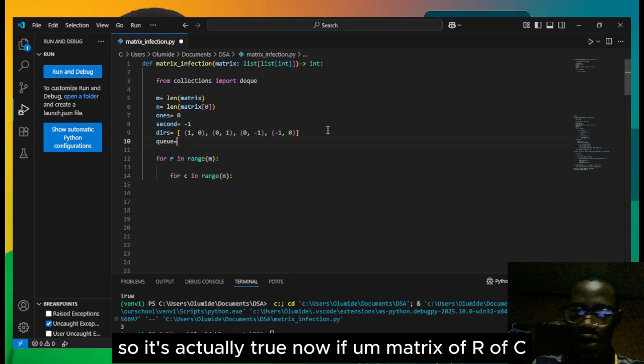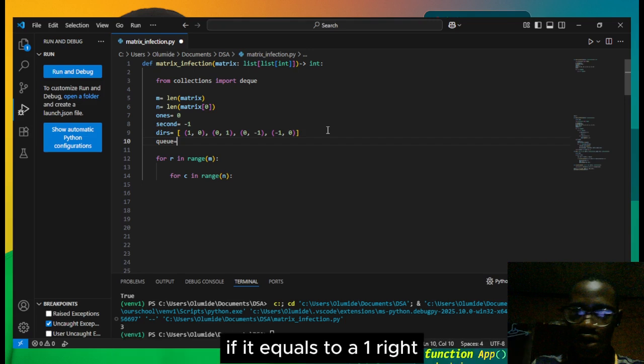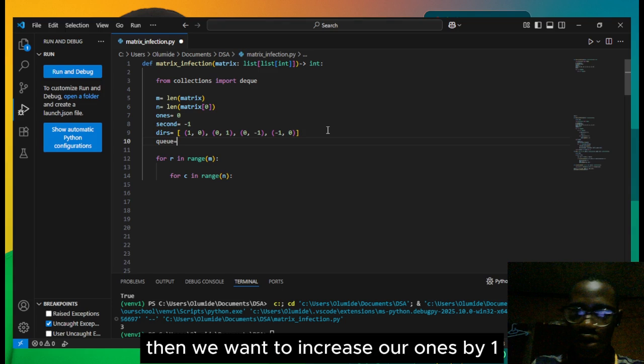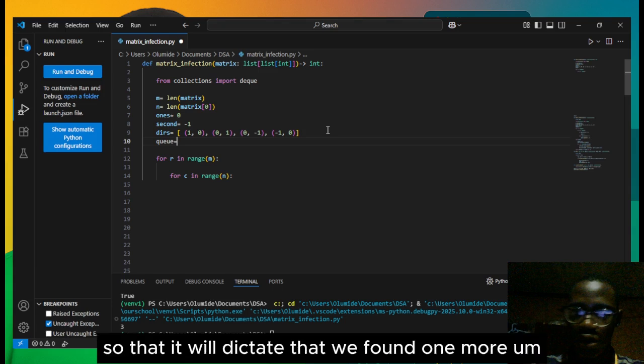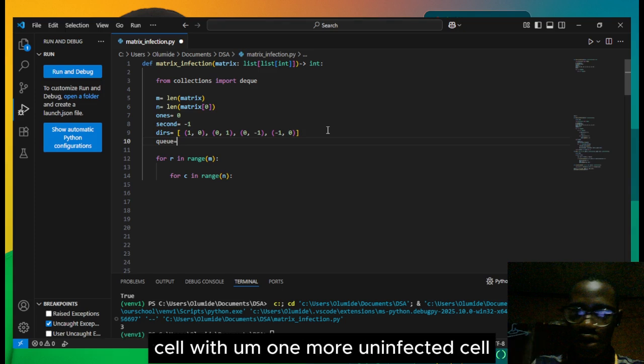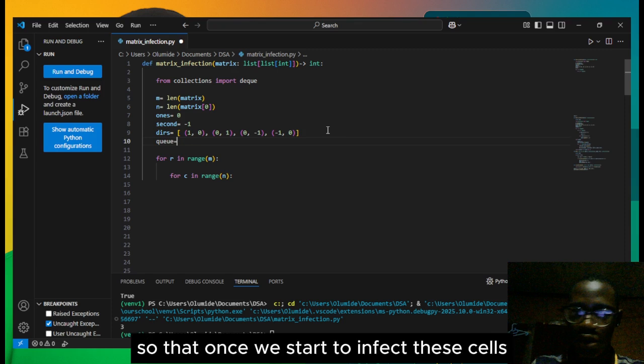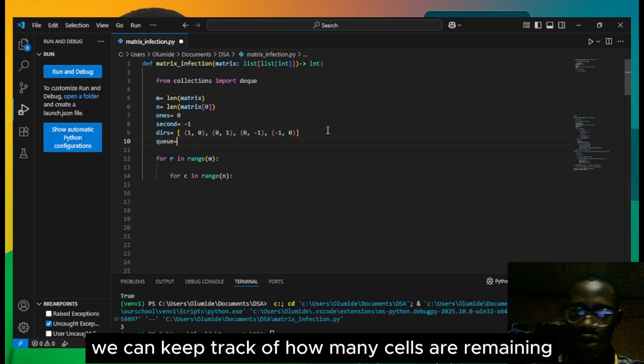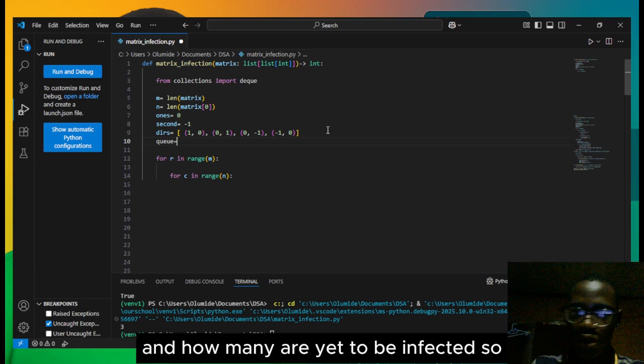So iterating through it now, if matrix of R of C is equal to 1, then we want to increase our ones by 1, so that it detects that we found one more uninfected cell. Once we start to infect these cells, we can keep track of how many cells are remaining and yet to be infected.